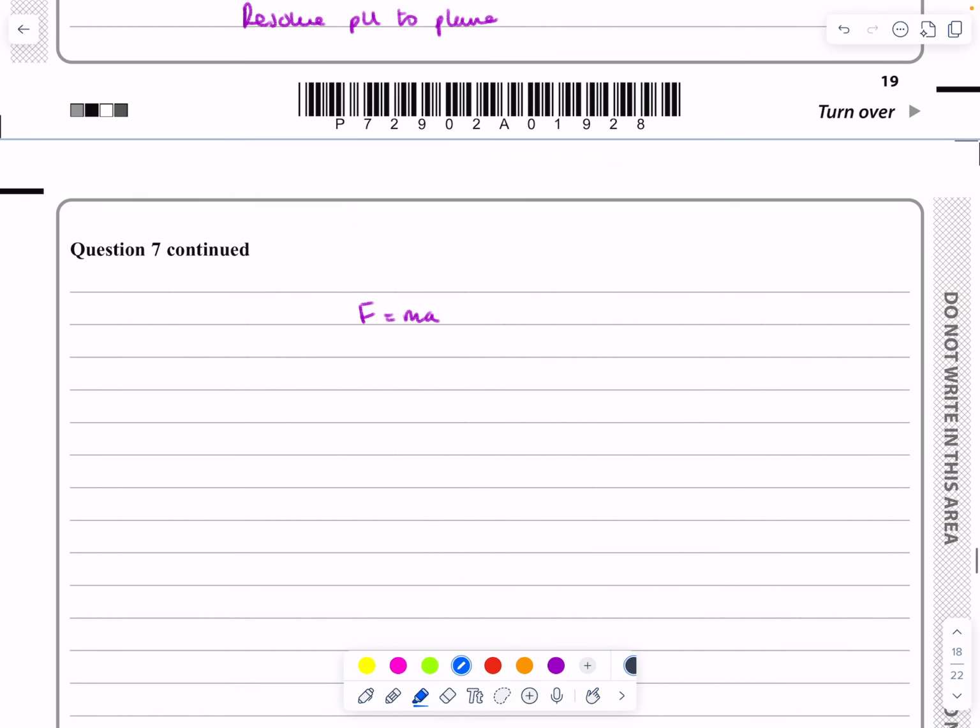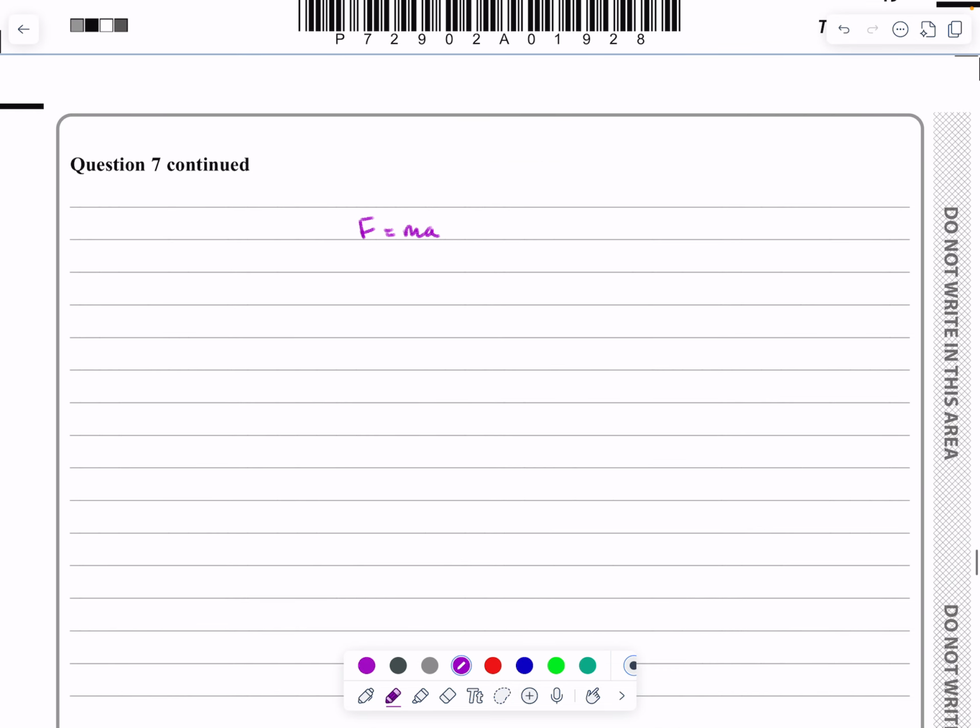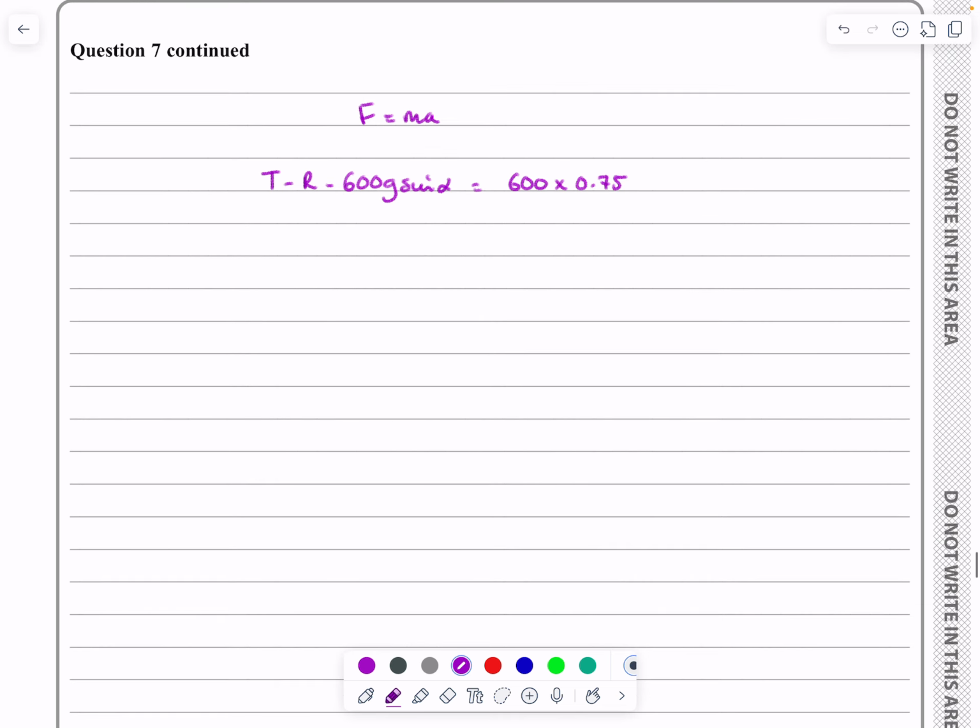So let's write that down. It was T minus R minus 600g sine alpha is equal to mass times acceleration, but mass this time is just the 600, obviously, times 0.75. So that works out to be T minus, well, we know R is 60. We know that sine alpha is equal to a 12th, so what did that work out to be?